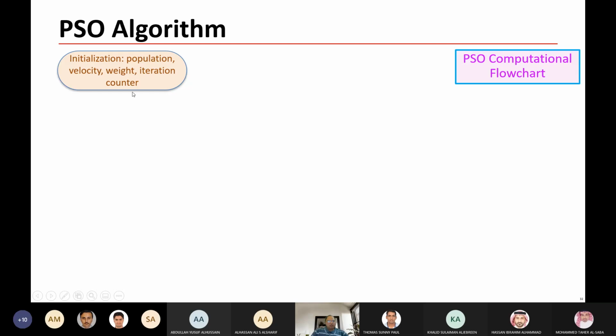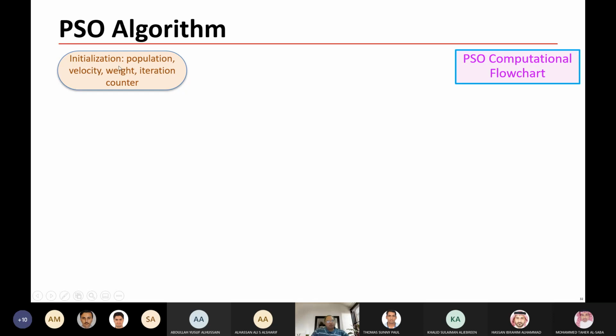And this is the computational flow chart. You start with initialization. You set a number of population. You also initialize the solutions, the positions. You initialize the velocities. You set the weighting factor.